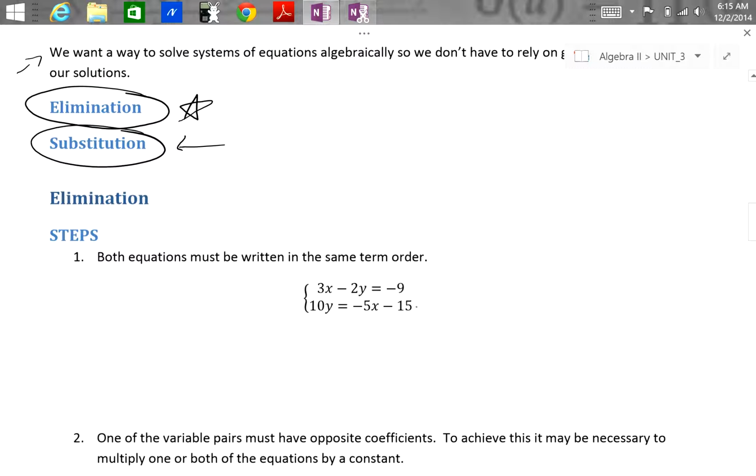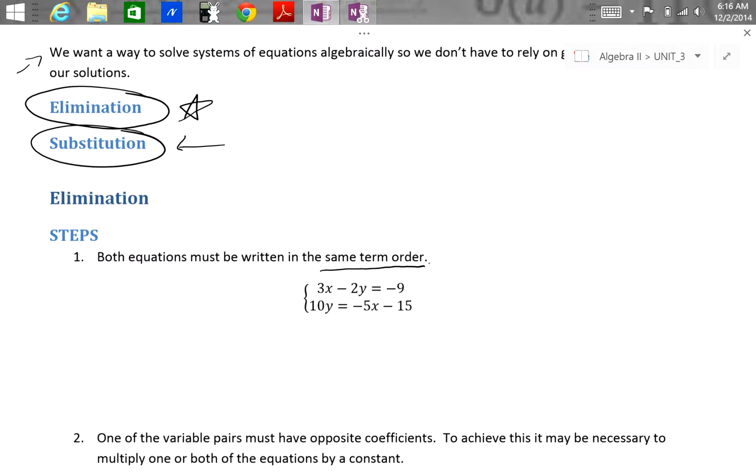The first step in solving a system of equations through elimination is that both equations must be written in the same term order. What that means is the terms of each equation are in the same order.